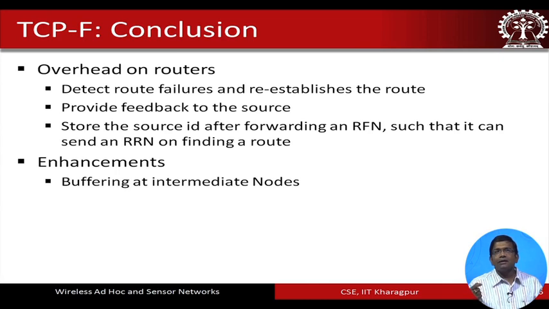That means the intermediate nodes, instead of simply forwarding the packet, can wait for further acknowledgement to come, saying that the route has been restored, and then start from that point on, instead of informing the source node.